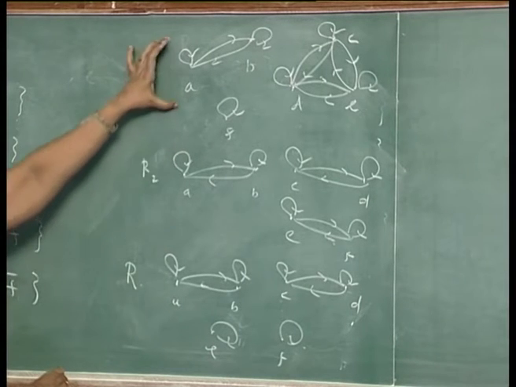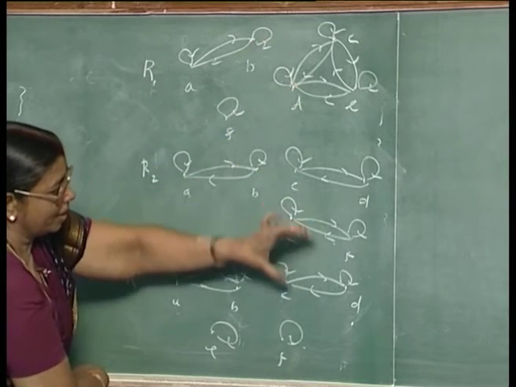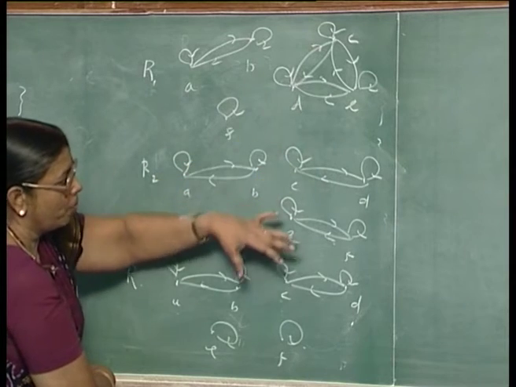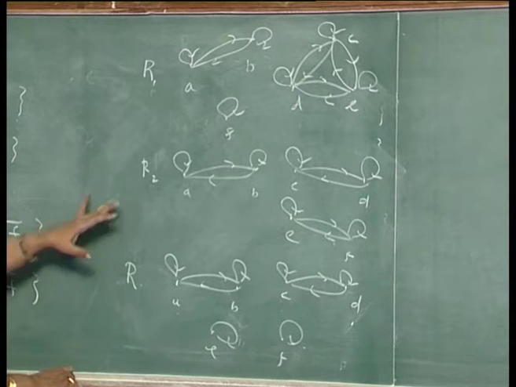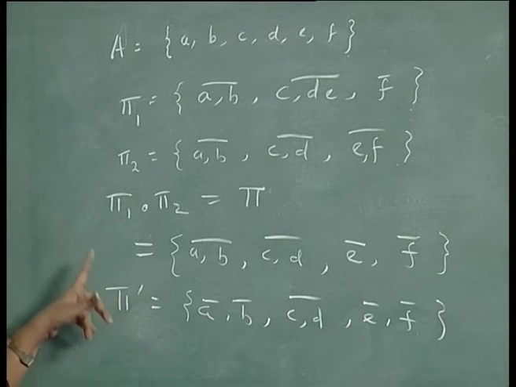See, this is present here, this is present here, and CD, this is present here, this is also present here. The other elements which are not present in both are removed, and you have a self loop at E and F. So, the intersection of R1 and R2 is R, which is the equivalence relation induced by the product of pi 1 and pi 2, induced by pi.